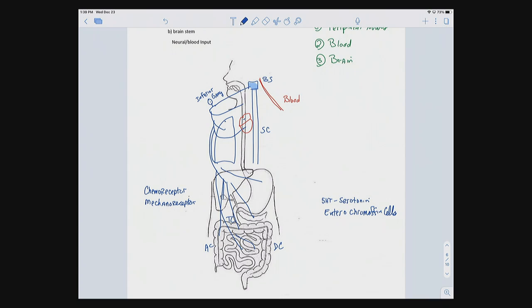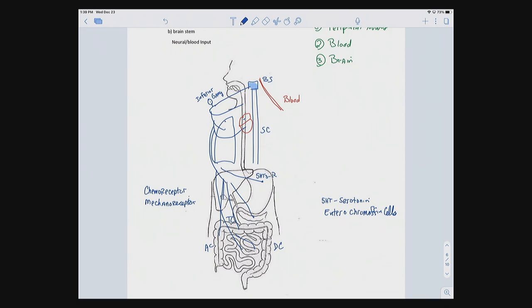They will release serotonin, and then the serotonin is going to bind to little receptors at the end here, and these receptors are a very special type of serotonin receptors, and we're going to call these 5-HT subtype 3 serotonin receptors.